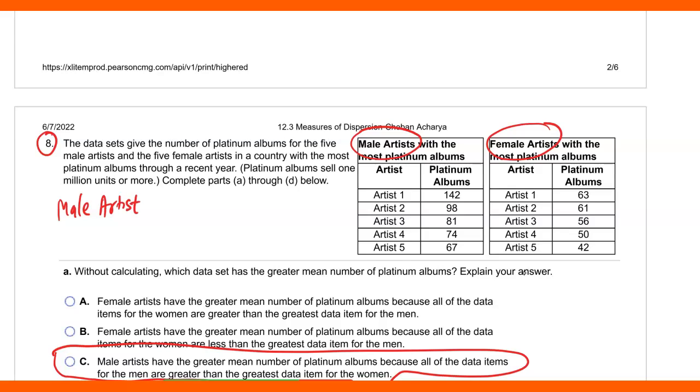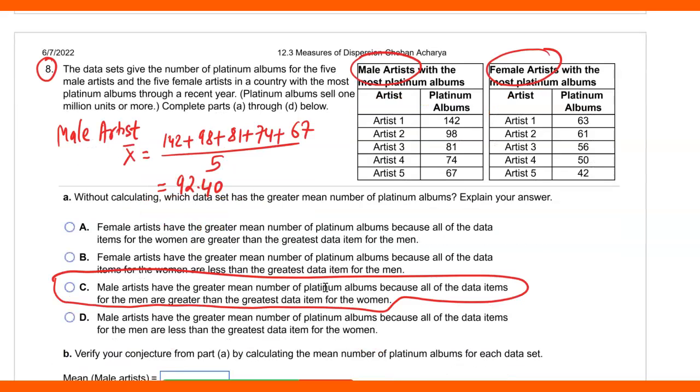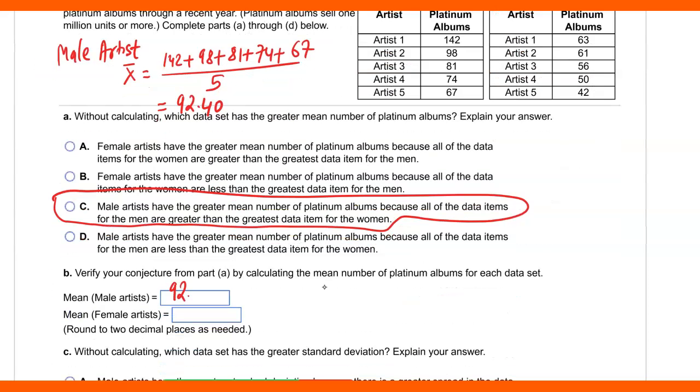You add all these data items, 142 plus 98 plus 81 plus 74 plus 67, divided by 5, and you get 92.40. That's the male artist mean, 92.40. And how about the female artist mean?